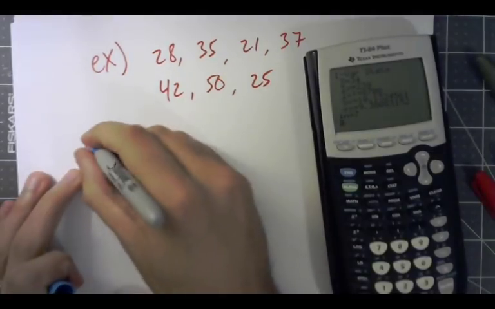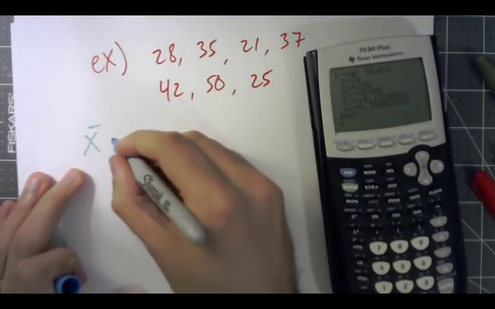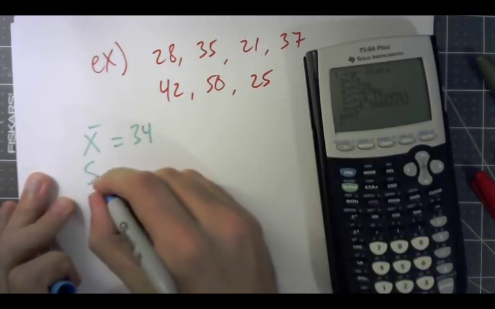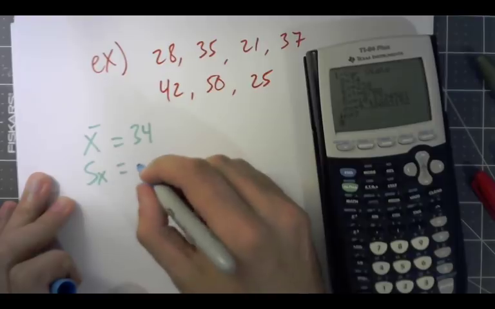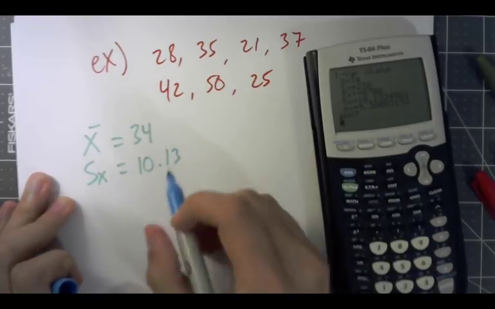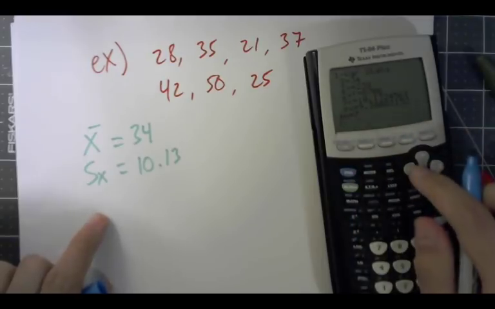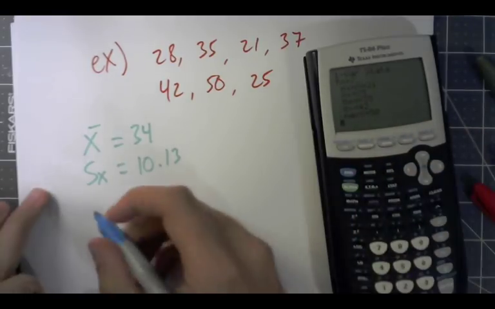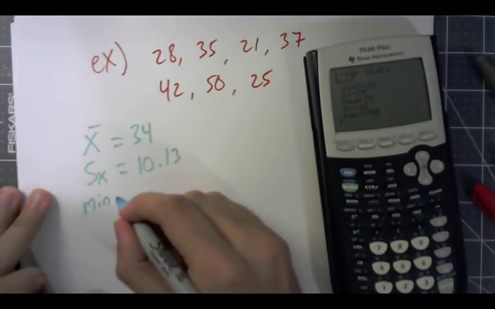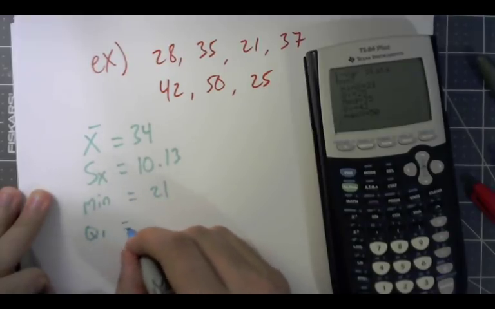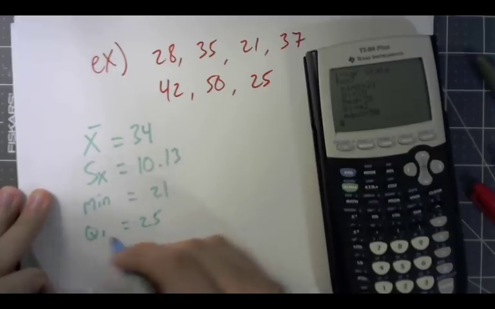First thing we get is our mean is 34. Our Sx is 10.13. That's our standard deviation. We don't want the sigma. Our min is 21. Q1, 25.